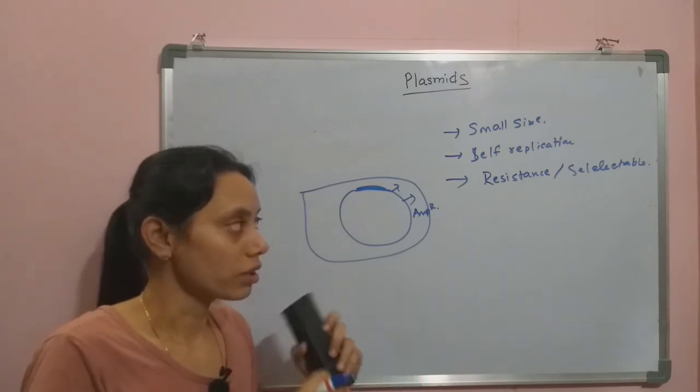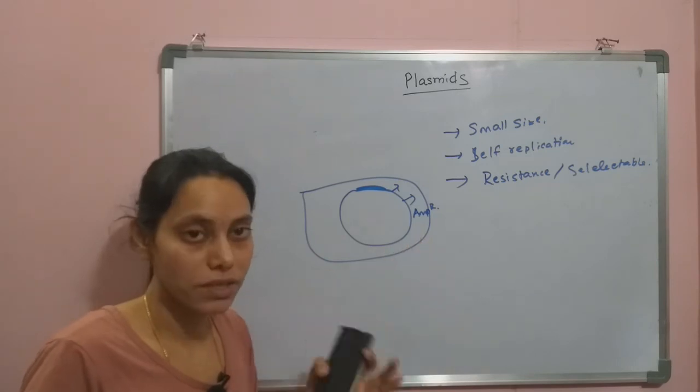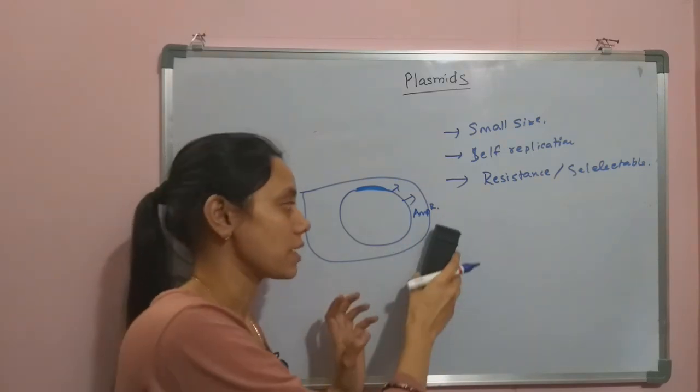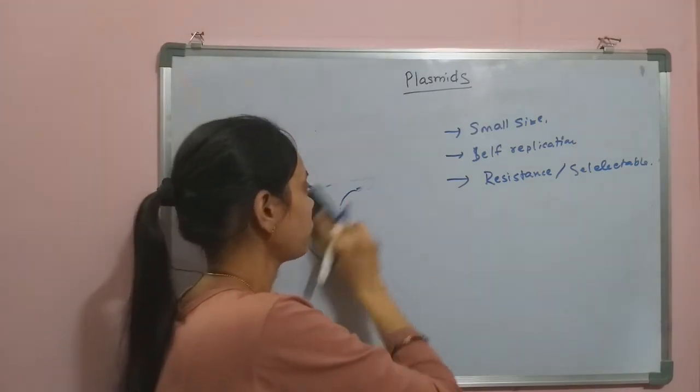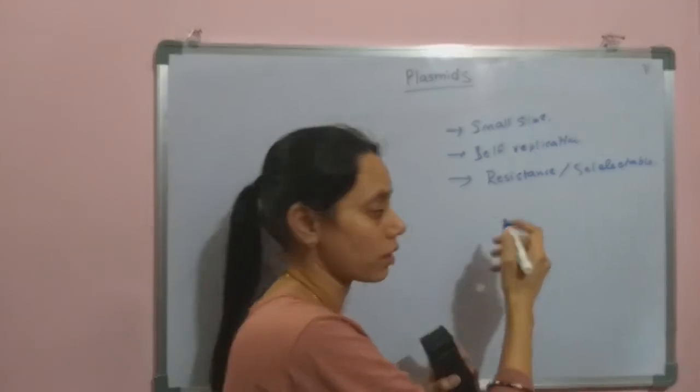So only the recombinant cells with the ampicillin resistance gene survive, and thereby we can select this gene. That is the beauty of selectable markers.